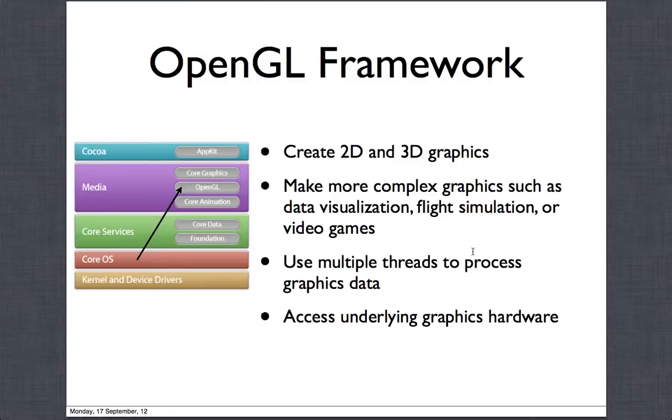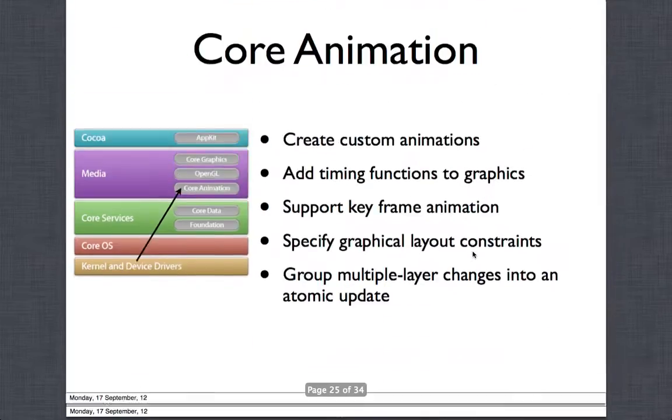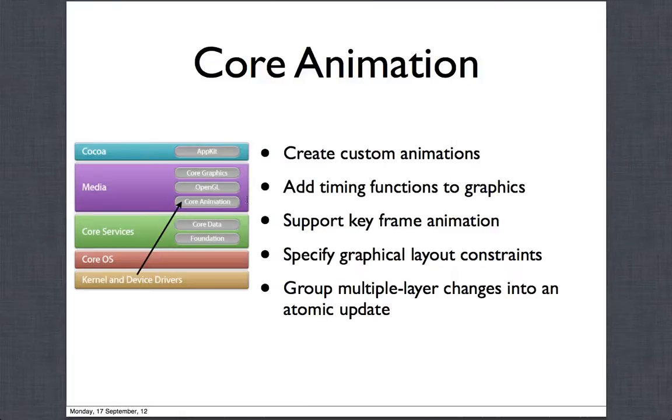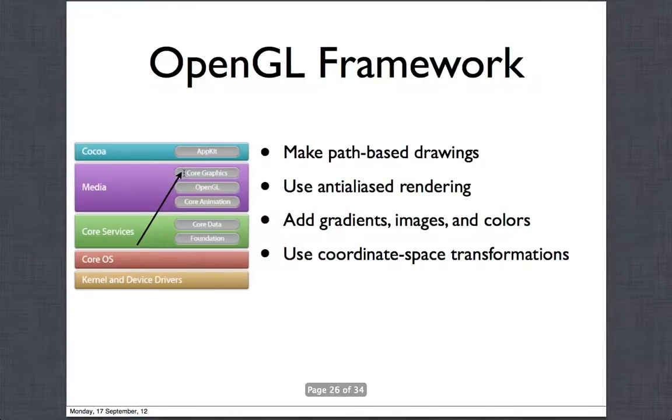And the most top-level framework in the media is, well, I'm sorry, I forgot to move this arrow. It should point here, of course. It's the Core Graphics layer. I just clicked the wrong arrow.